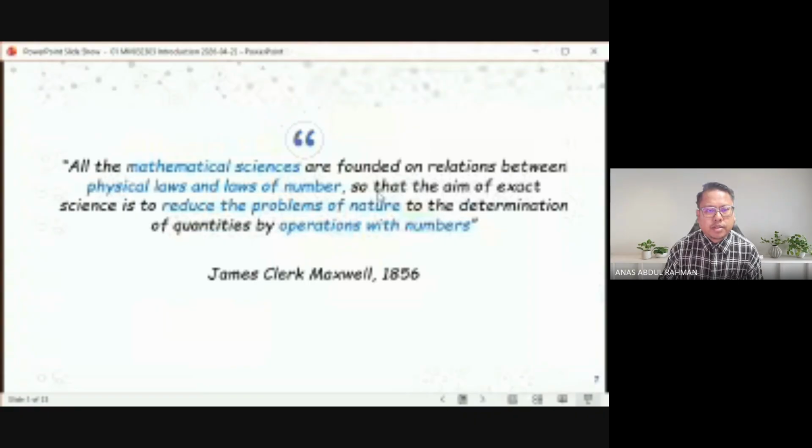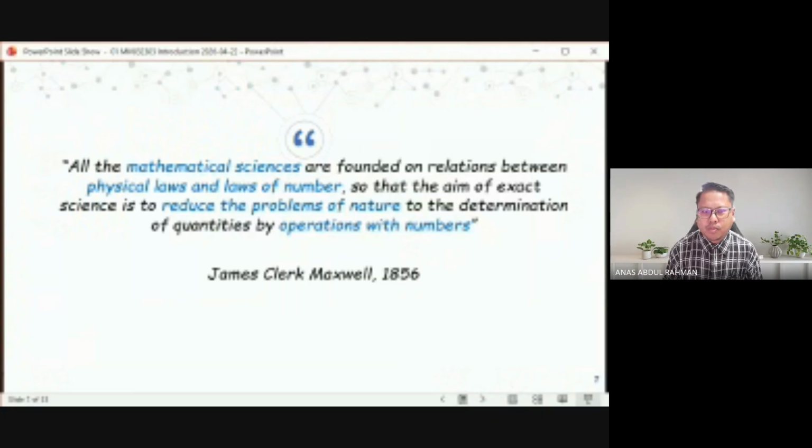All right, so a little bit of quotation from James Clerk Maxwell, a famous researcher and scientist. He said that all the mathematical sciences are founded on relations between physical laws and laws of number, so that the aim of exact science is to reduce the problems of nature to the determination of quantities by operation of numbers.